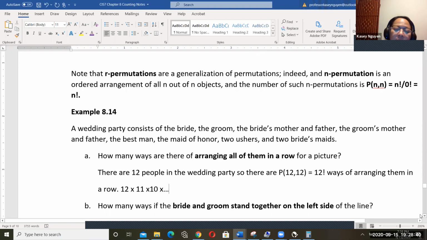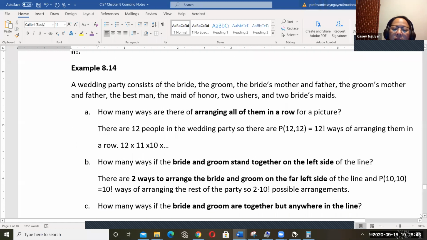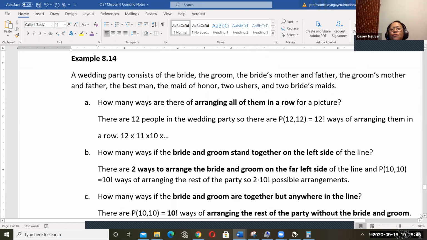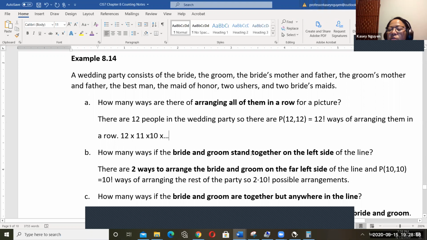Now, if we wanted to choose 2 ways to arrange, the bride on one side and the groom on the other side, it asks here, how many ways do the bride and groom stand together on the left side of the line?